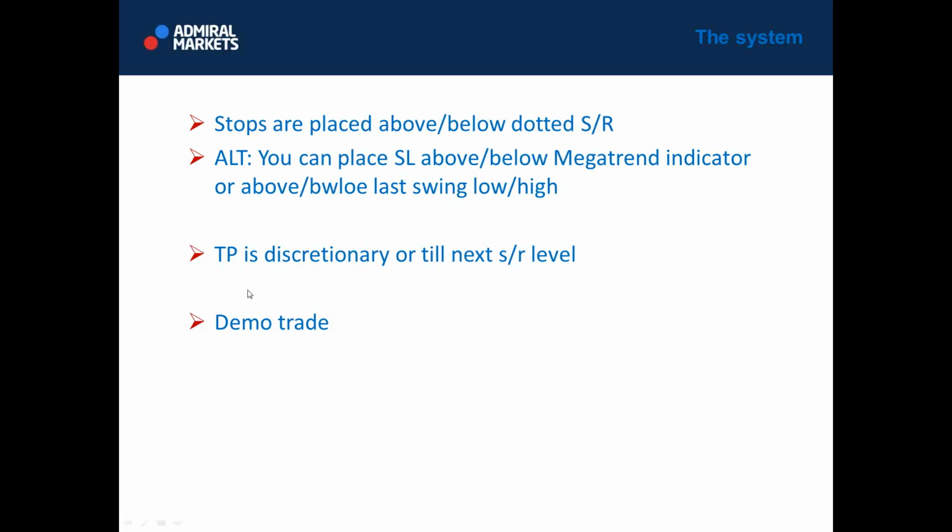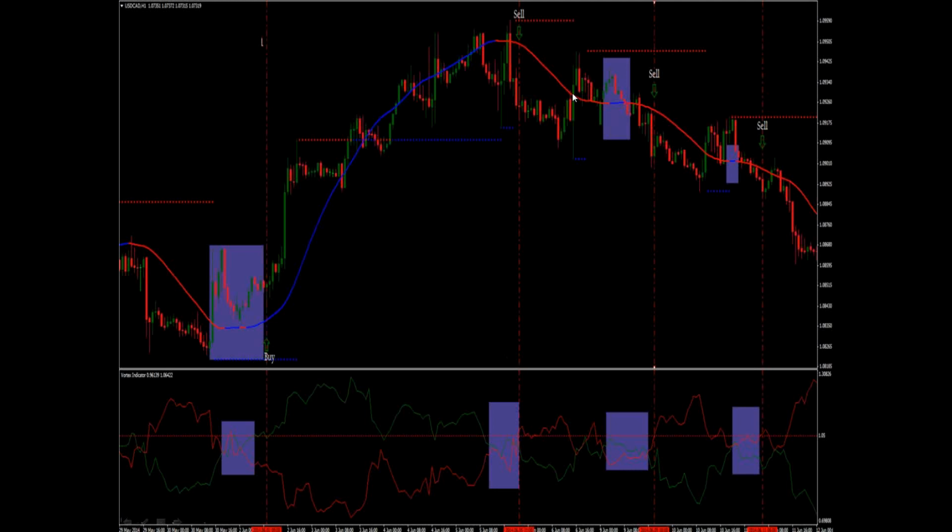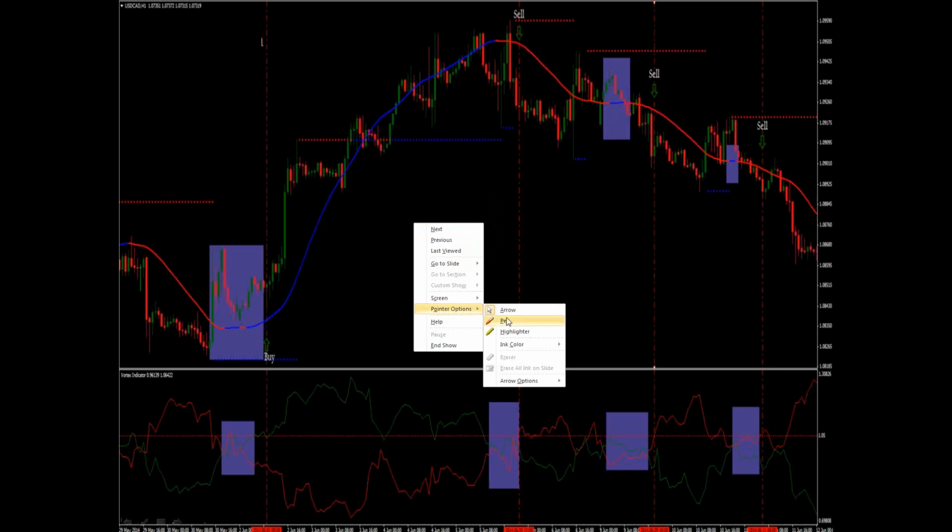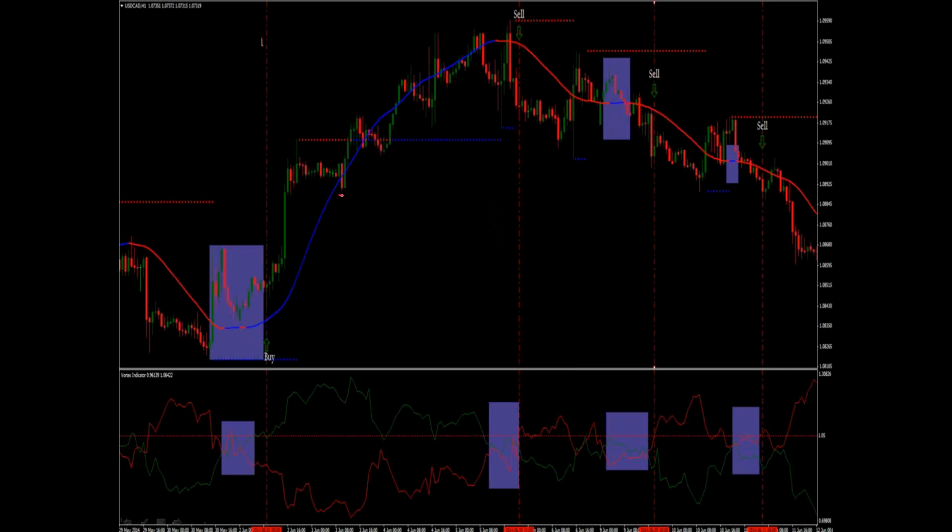So as I said, TP is discretionary. How I would do it, if I personally traded this system, I would always try to trail the stop or place my target at the next potential support. You can see that this is support because of this candle.